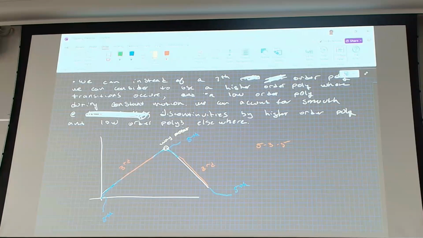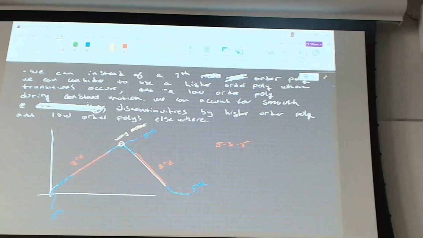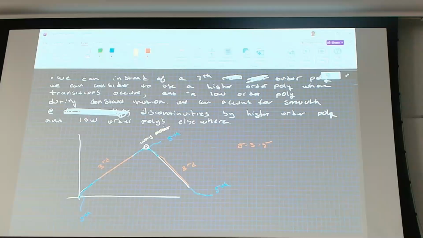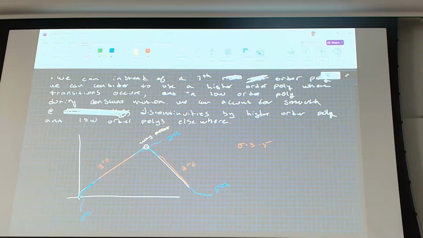So what I'm going to do... well, that's launching.